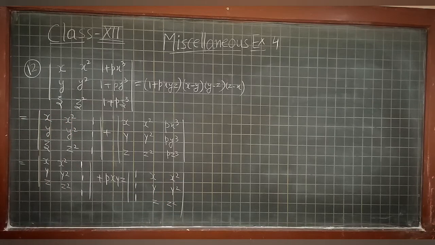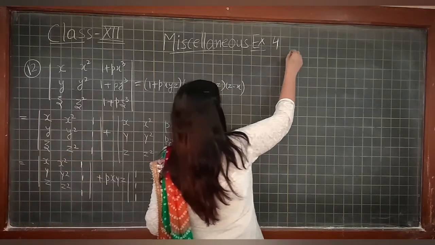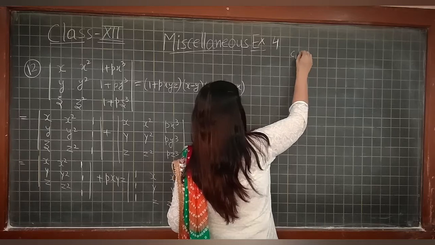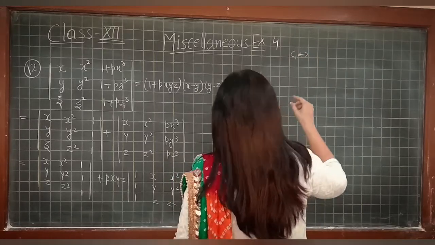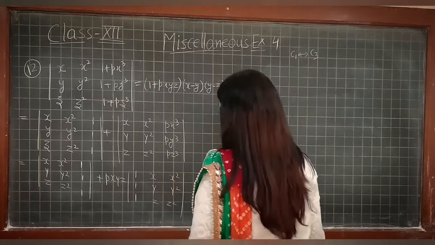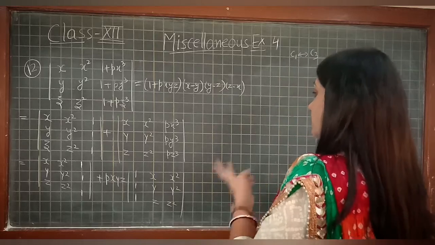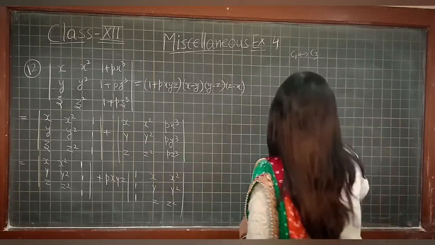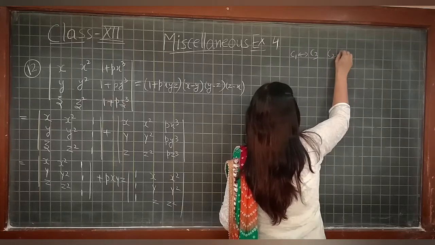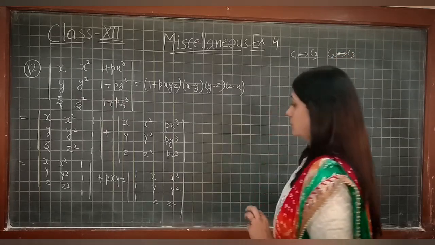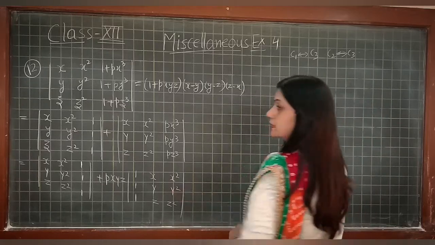Okay. Now you can interchange these two columns, that is 1, 1 will come here, and then after interchanging C1 and C3, so if you will change first C1 and C3, you will get this determinant multiplied by minus 1. And again, if you will change C2 and C3, okay, you will get the same determinant.